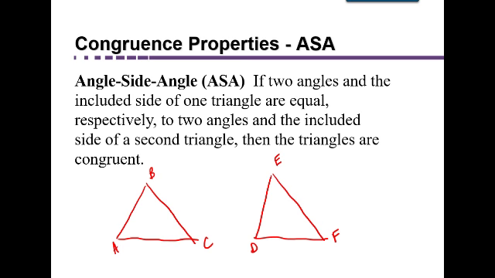Well, one way would be if somebody told us that angle C is 30 degrees, angle F is 30 degrees, angle B is maybe 90 degrees, and angle E is 90 degrees. And then the side in between, BC and EF, those sides are both length 7. Then we would know by angle side angle that the rest of the dimensions must be the same as well.